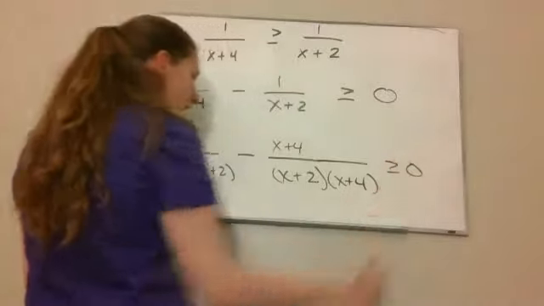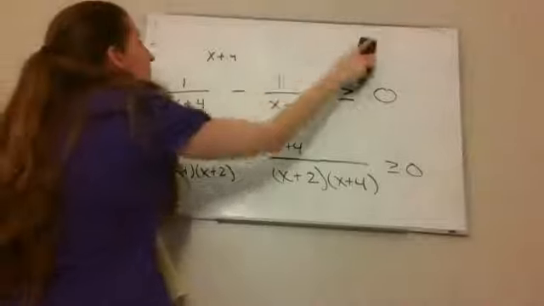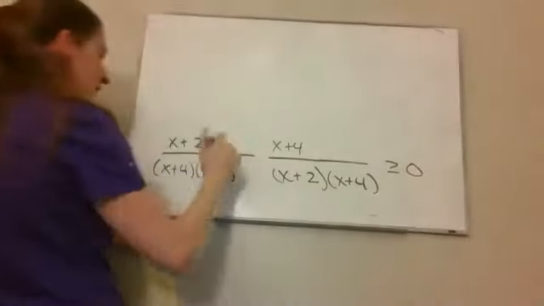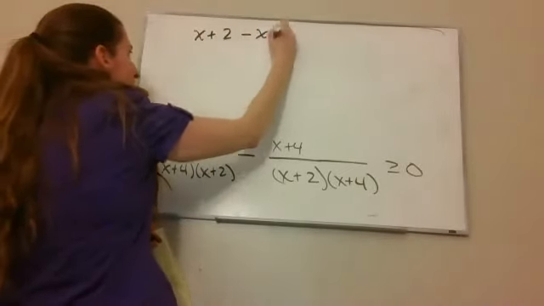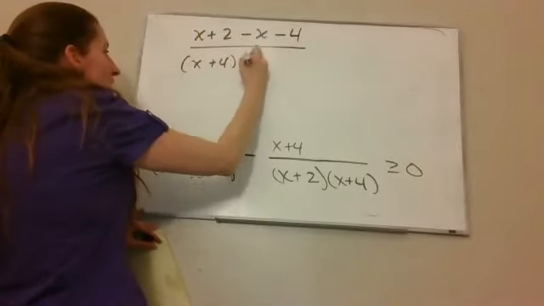And now they have the same denominator. So rewriting it by subtracting across the numerator, I have x plus 2 minus x minus 4 over x plus 4 and x plus 2.